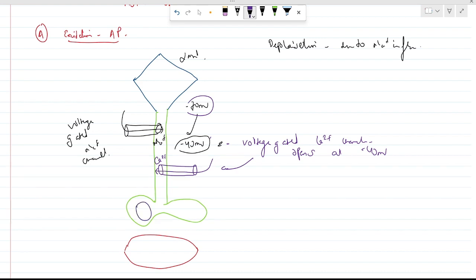Because here we have our acetylcholine vesicles, the primary neurotransmitter. This calcium causes release of acetylcholine with the process of exocytosis.